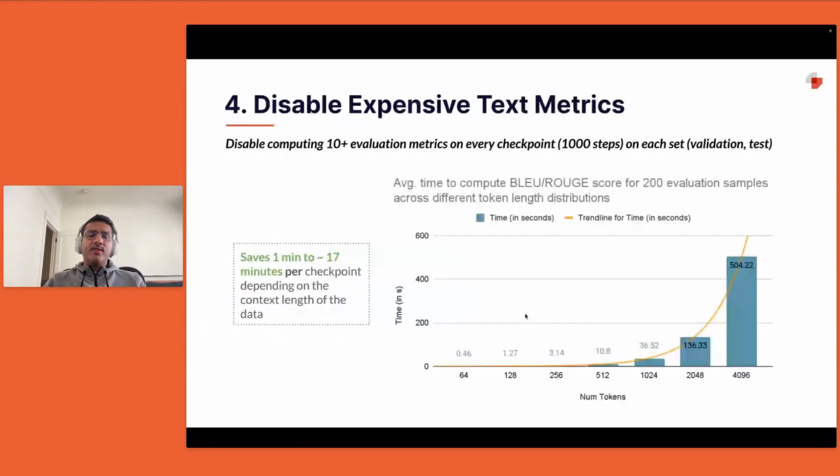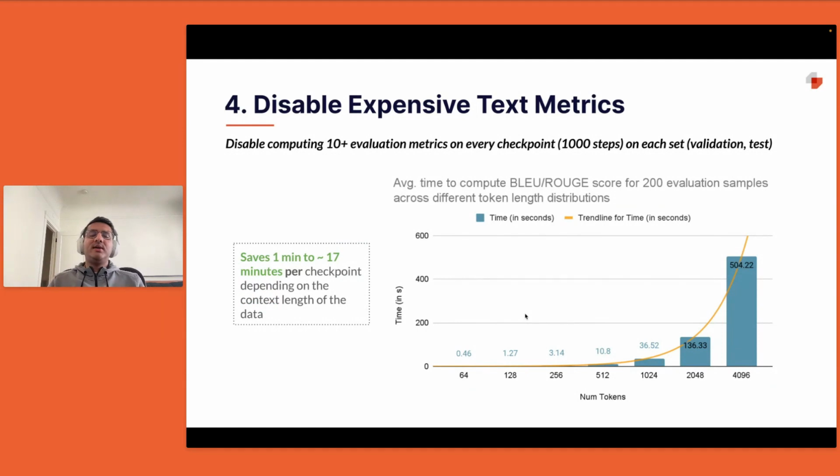Cool. The next thing that we used to do with the Ludwig framework is compute a lot of different metrics. Everything from loss and perplexity to ROUGE scores and BLEU scores and character error rates and word error rates, just a whole slew of metrics. But it turns out that in practice, with fine tuning, loss and perplexity are usually a pretty good proxy for how the model's learning process is going.